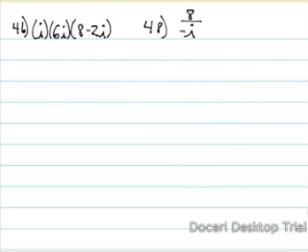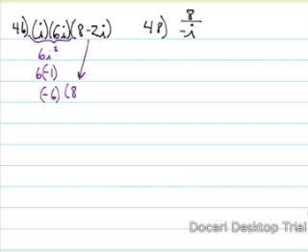Even more complicated here. We want to start by multiplying these first two. So i times 6i is 6i squared. Well, we know that i squared is negative 1, so that's 6 times negative 1, or negative 6. I'm just going to bring this next part all the way down here. 8 minus 2i.